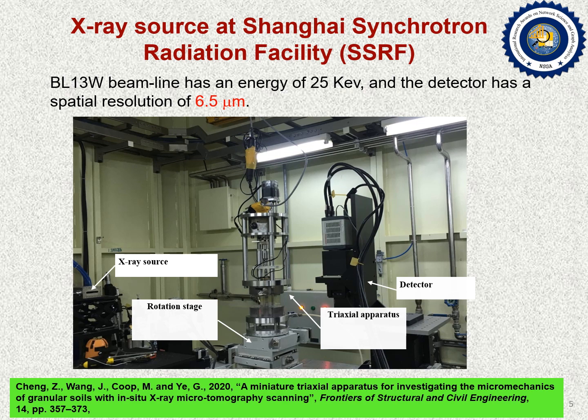It's composed of X-ray beams, a rotation stage, and a detector. Our device for the triaxial test is placed on the rotation stage. Note that the energy utilized is 25 keV and the detector has a spatial resolution of 6.5 micrometers.